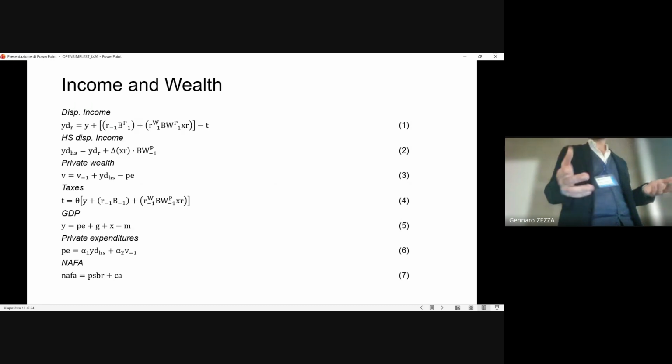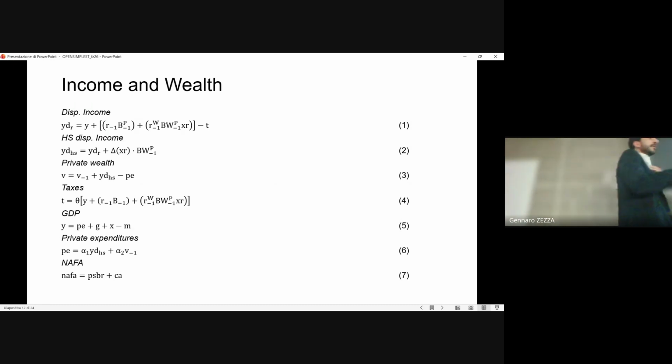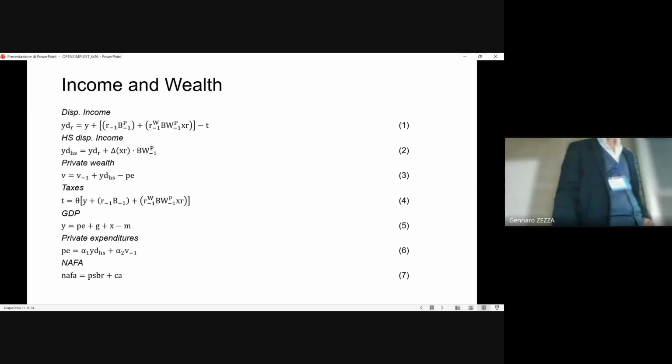Private expenditure takes the usual consumption function form. We can add other things, such as the effects of the interest rate, but generally, when you try to put the interest rate into this kind of equation, nothing happens. It's very difficult for it to have a meaningful effect.